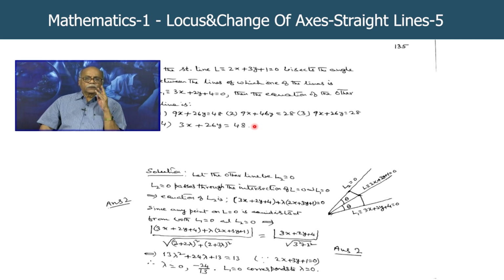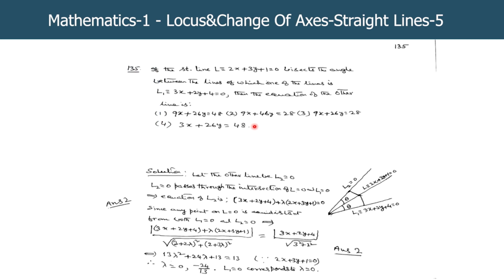You know that the equation of any line passing through the intersection of two lines L1 and L2 is of the form L1 plus lambda L2 equal to 0 or L2 plus lambda L1 equal to 0. So, here let the other line be L2 equal to 0. Therefore, the equation of L2 is 2x plus 3y plus 4 plus lambda into 2x plus 3y plus 1 equal to 0.